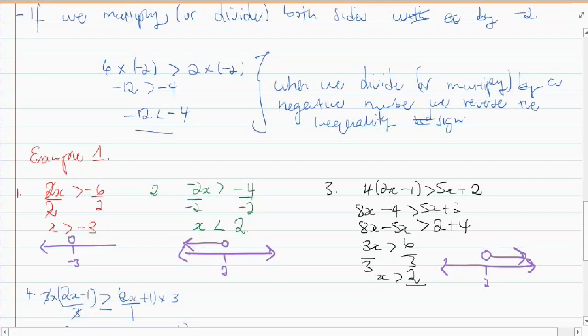X is bigger than that, so it will take anything above negative 3. So these are all three number lines that we have.